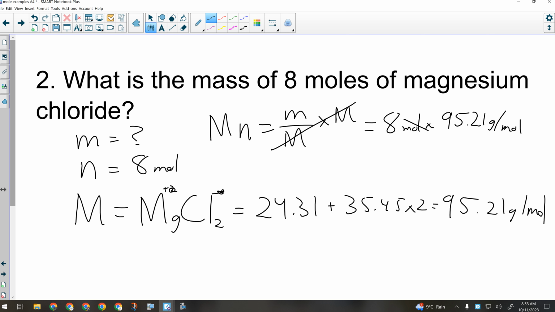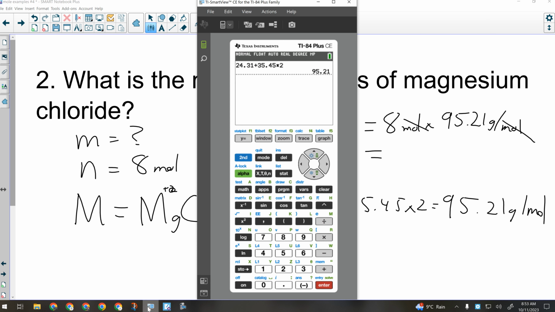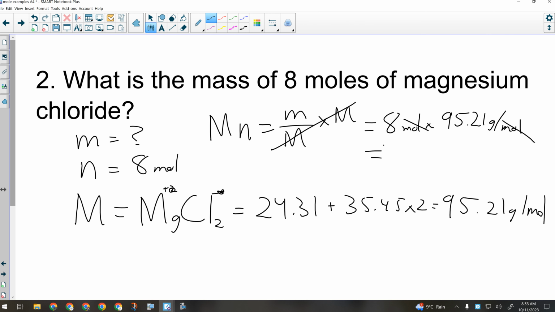The moles are going to cancel, and I'm going to be left with grams when I do that. So times 8, 761.68 grams. Questions on number 2?